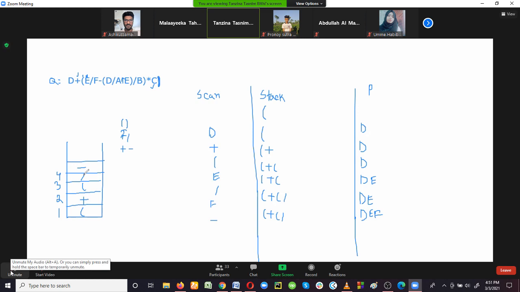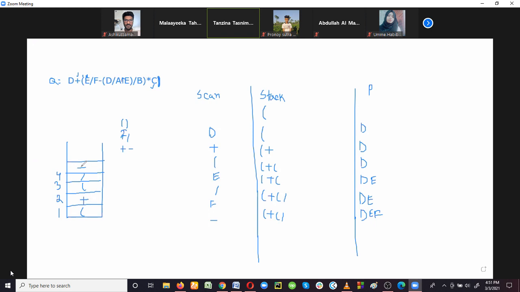We cannot place a lower precedence level operator at the top of the highest precedence level operator. It's not possible. This division has a higher priority level than the minus operator. So how can we place minus at the top of the stack?